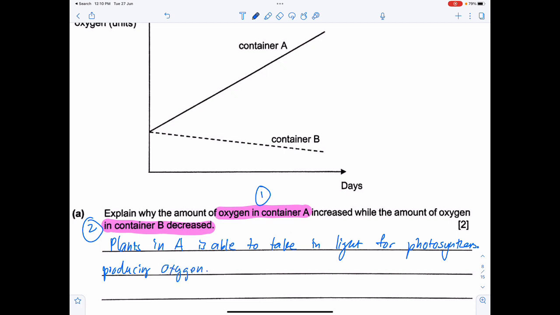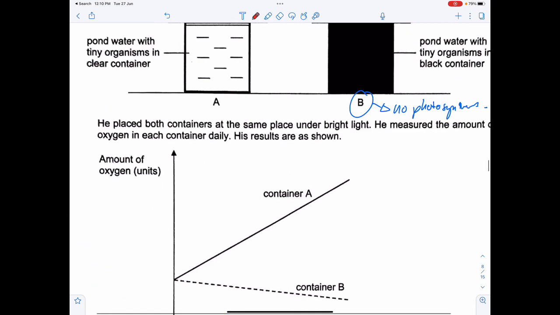Right? Then the second part, which is B. In B, the plants. Now we are assuming plants. You can actually say, to be safer, you should say the organisms.